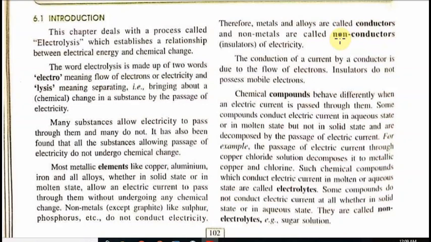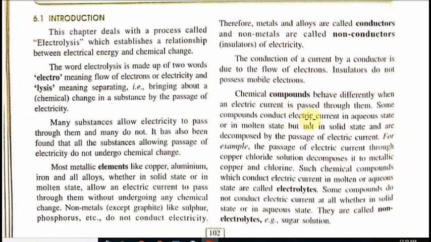And there are some substances which are called insulators or non-conductors because they do not allow electricity to pass through them. Conduction of current by a conductor is due to flow of electrons, and insulators do not possess mobile or free electrons.